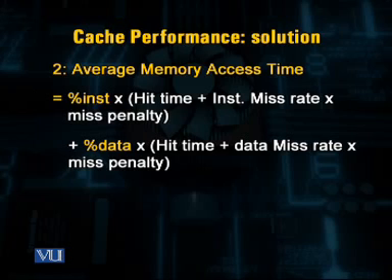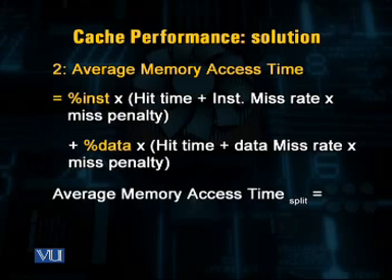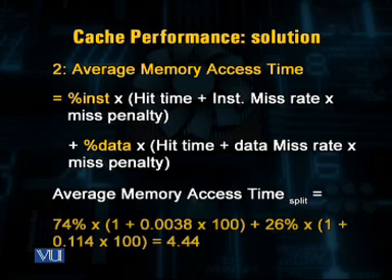So, by using this expression for the average memory access time and the data provided in this example, the average memory access time for the split caches is equal to 4.24 and for the unified cache is equal to 4.44.